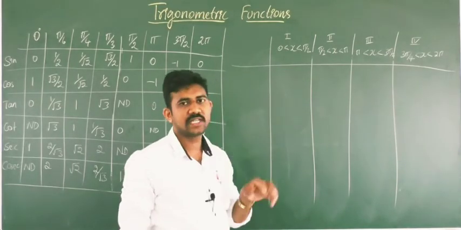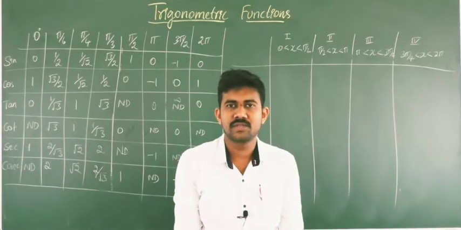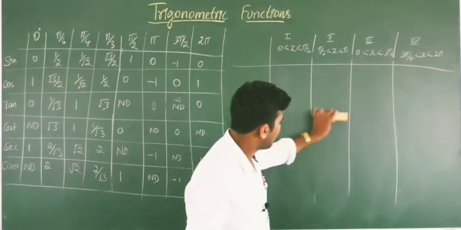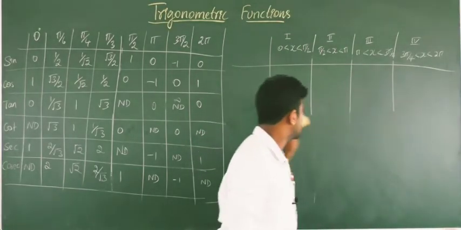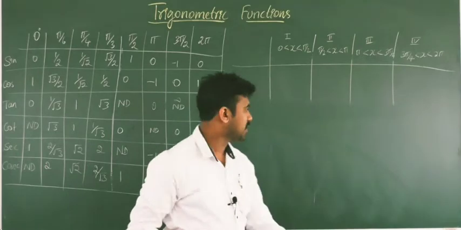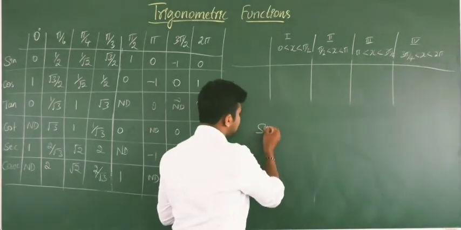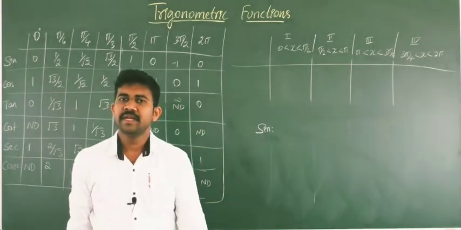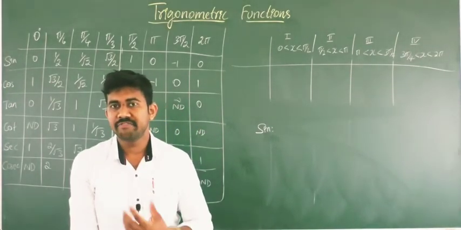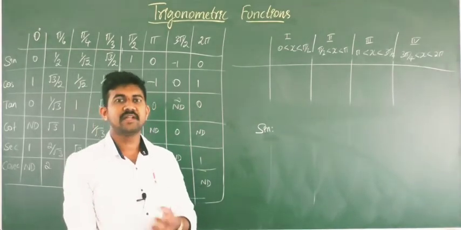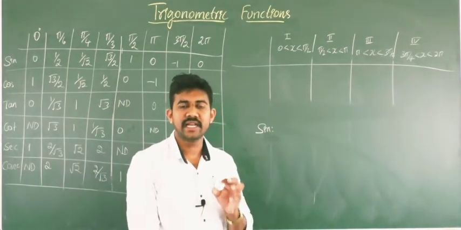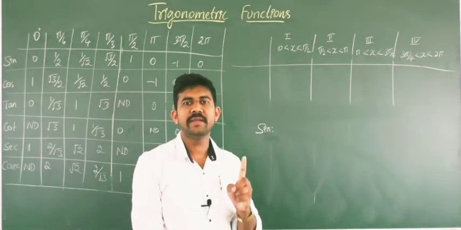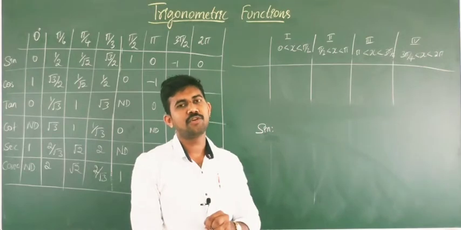So here we are checking how the graph of the function comes. Before that, you have already seen how the values of the trigonometric functions come. If you consider the sine function, it is, as you already defined in the relations and functions chapter, a relation in which every element of the domain has one and only one image in the codomain.